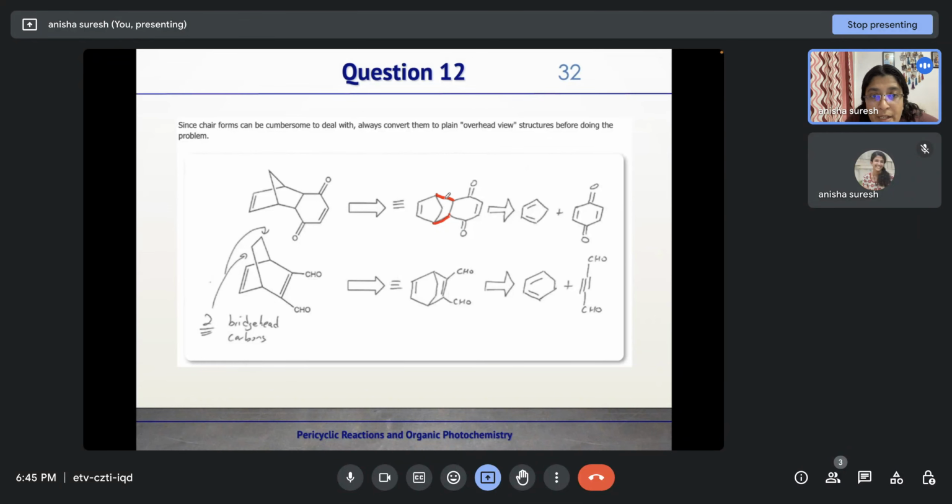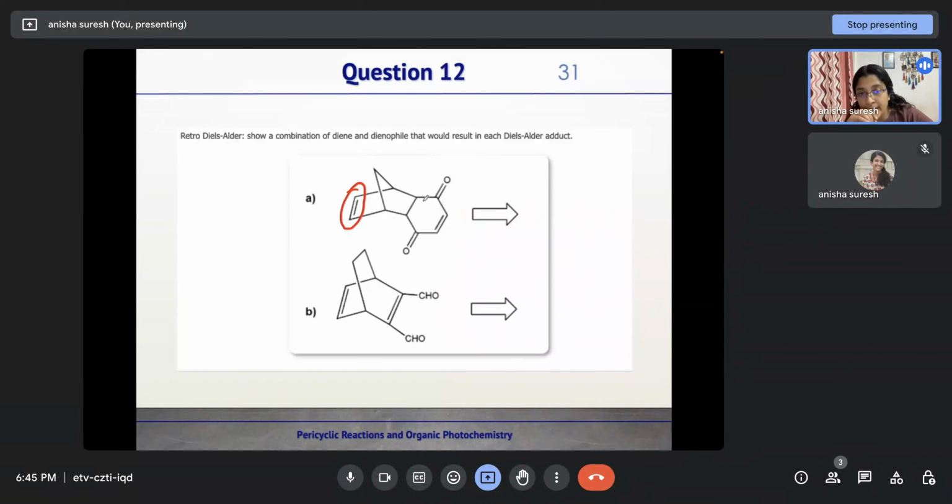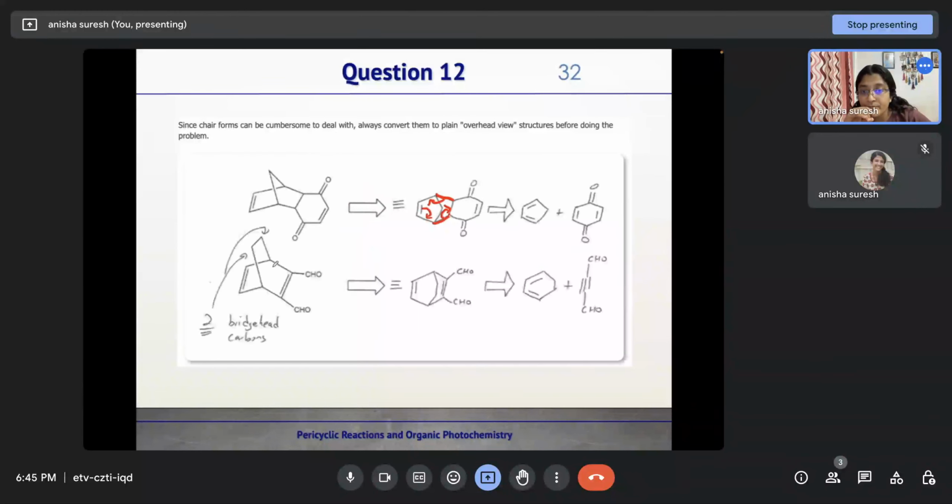So these bonds will be breaking. So that will lead to formation of the starting materials. So the starting materials will be a cyclopentadiene and a parabenzoquinone, as we can see here. And in the other case, there are two bridgeheads. As we can see, there are two bridgeheads.